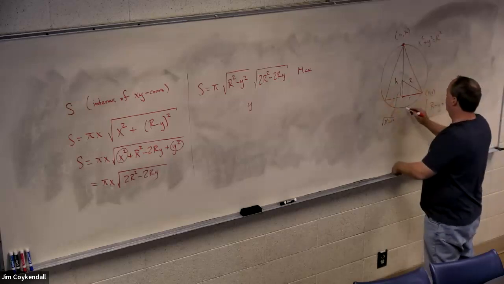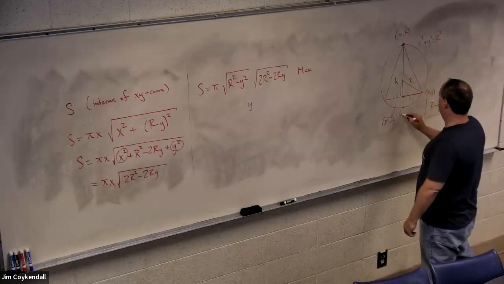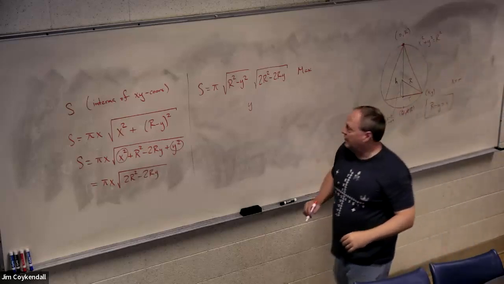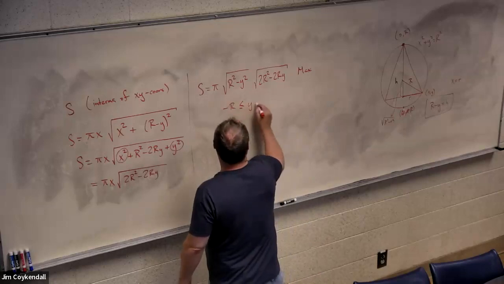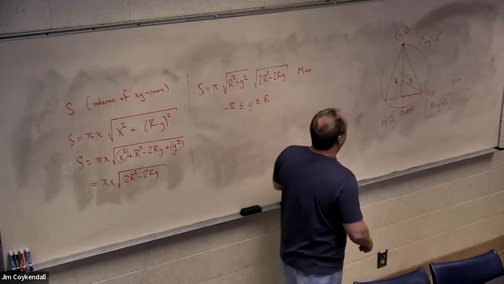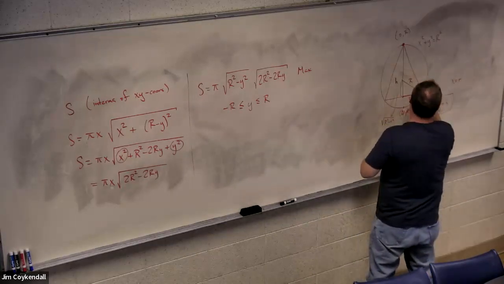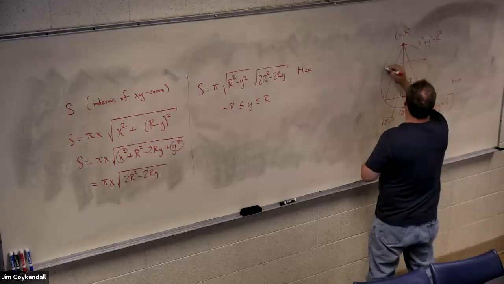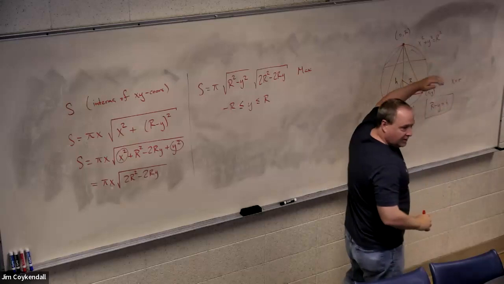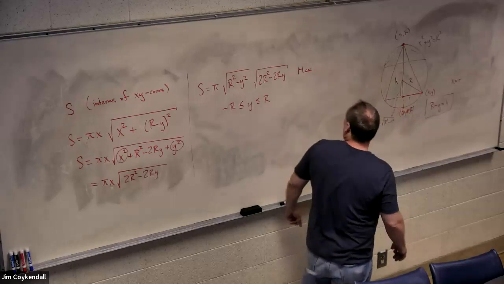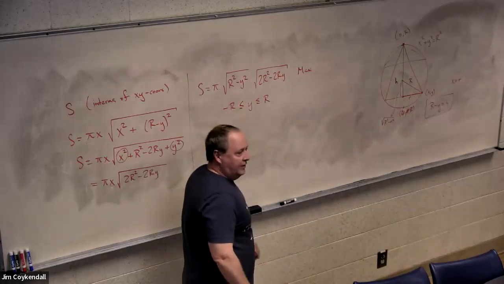I can go Y to be negative R, all the way down here, negative R, all the way up to positive R. This is also another good reason to pick Y, because X is more ambiguous. It's like some of the other triangle problems. A triangle here with this x coordinate also has the x coordinate up here. But when you tell me a y coordinate, I know which triangle. So maximize this on that interval.